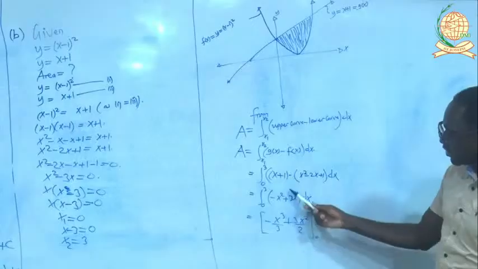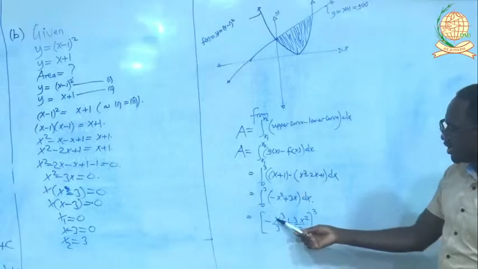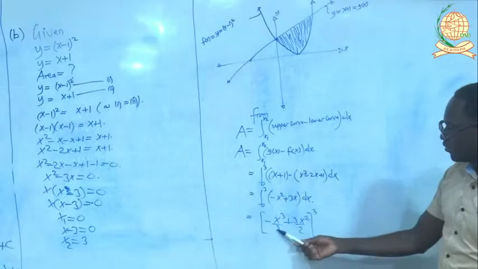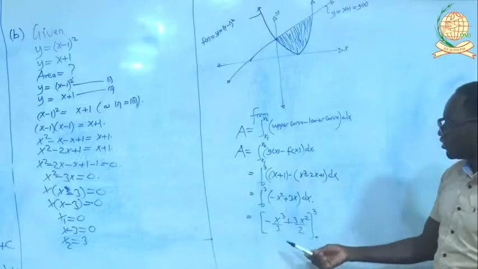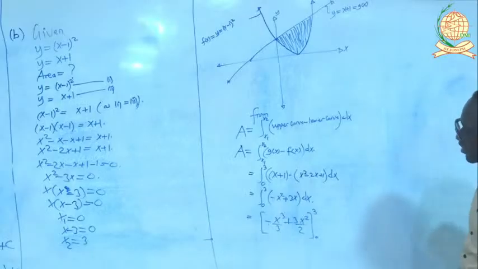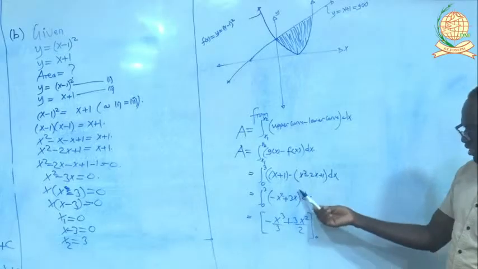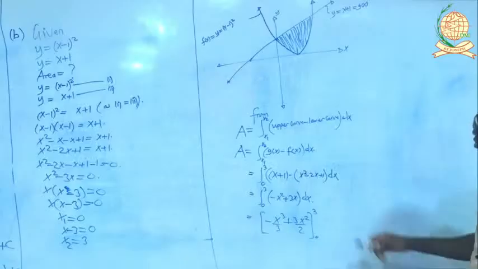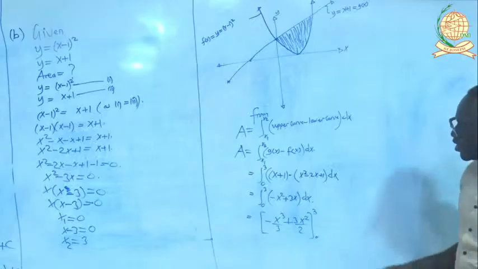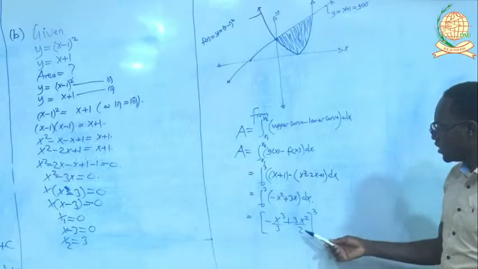The integral of x power 2 is x power 2 plus 1 over 2 plus 1, so it is x power 3 over 3, negative. Then plus 3, the integral of x is power 1 plus 1 over 1 plus 1, which is 3x squared over 2.